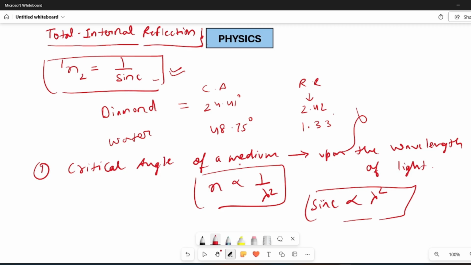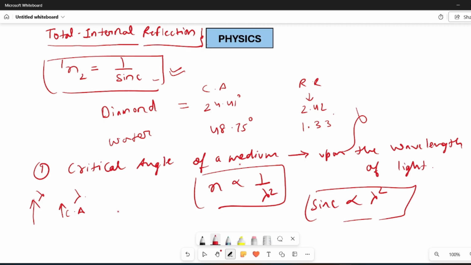Now, the greater the wavelength, the greater will be the critical angle also. If the wavelength is more, that means the critical angle is also going to be more. So the critical angle of a medium will be maximum for which color?